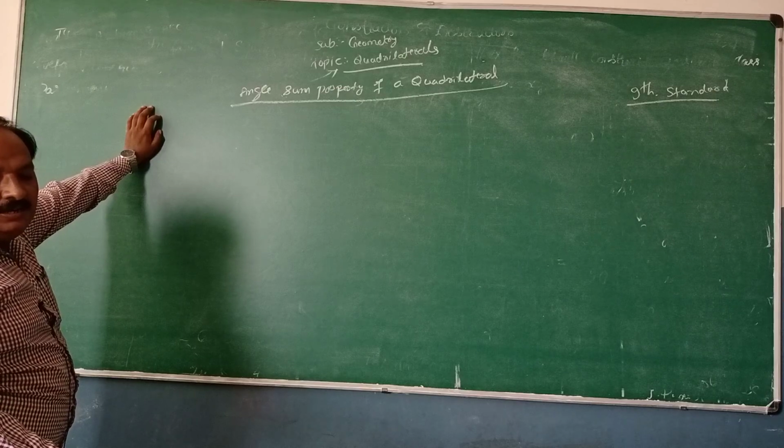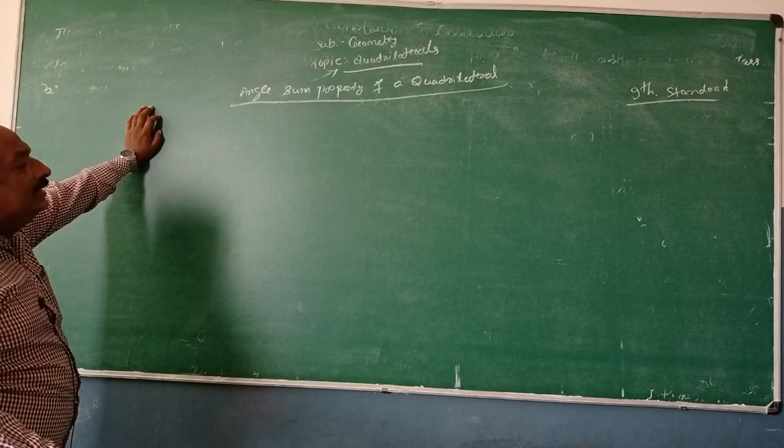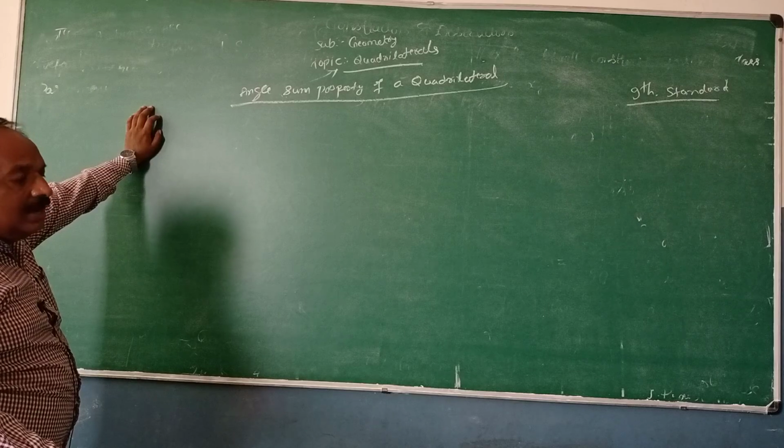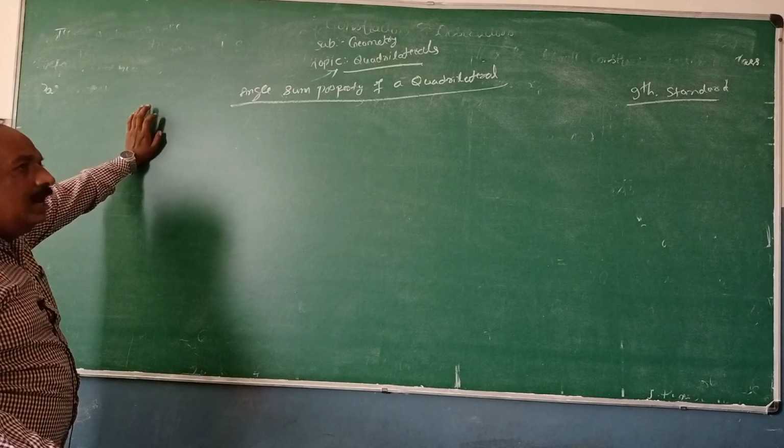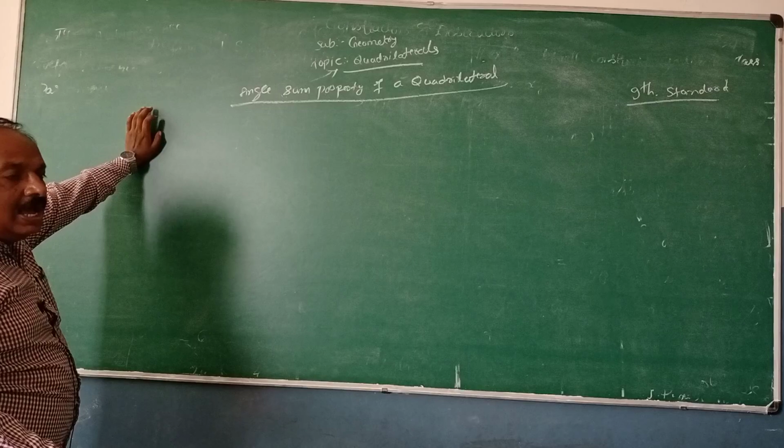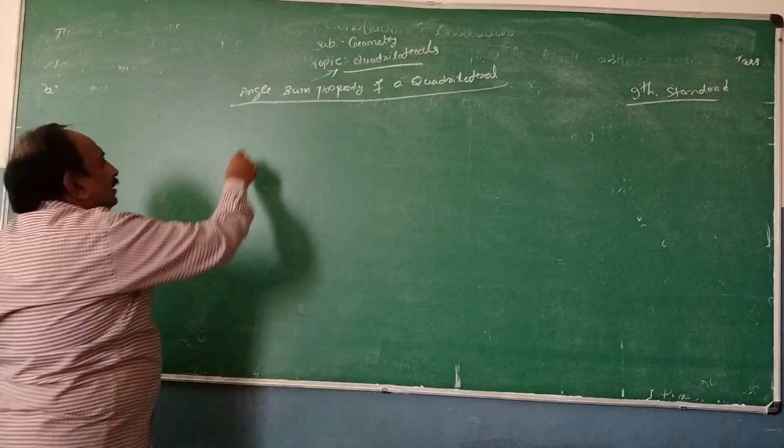A quadrilateral has how many sides? 4 sides. How many angles? 4 angles. How many diagonals? 2 diagonals. How many vertices? 4 vertices.